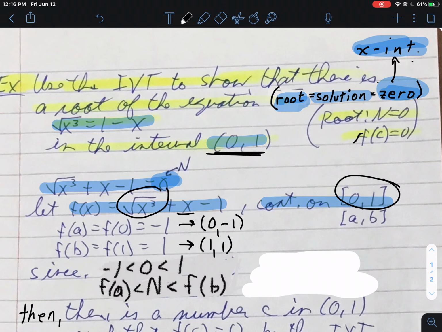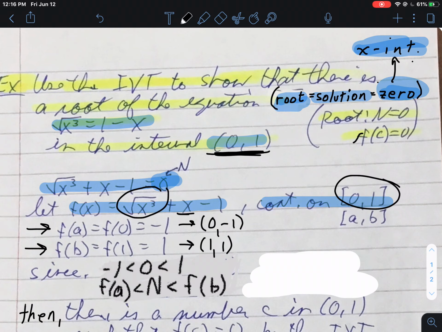And so we are asked to find a solution within the interval from 0 to 1. The first thing we have is continuity so that we can use the IVT. What's the second requirement for the IVT to hold true? The function values at each endpoint of the interval have to be different. So we look at f of a. A is our left endpoint of that interval, which is 0.